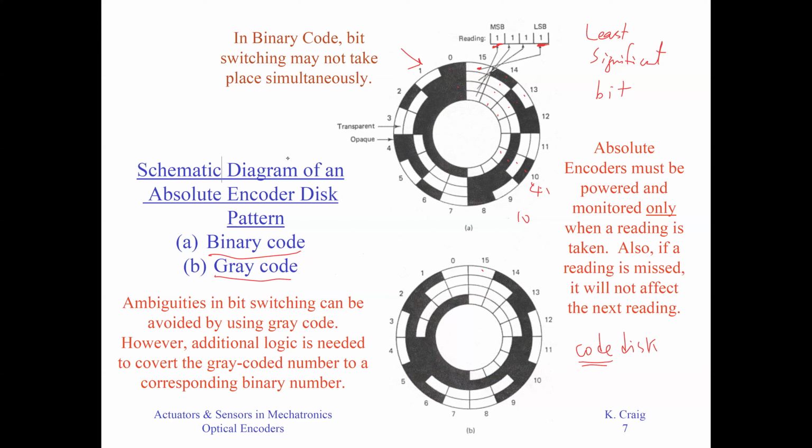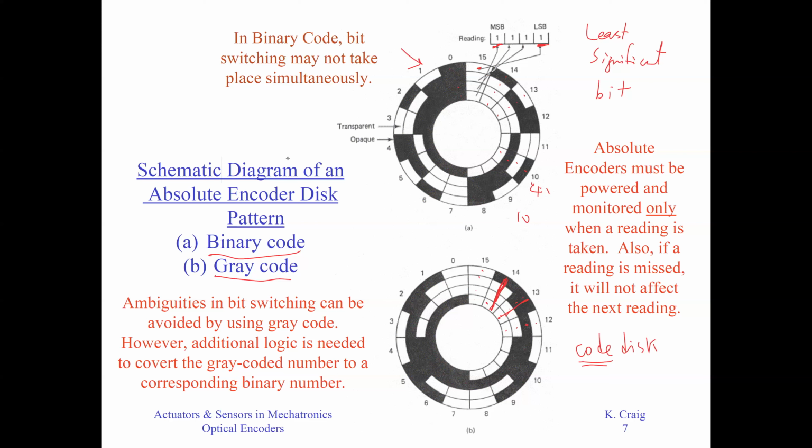So this is 1, 1, 1, 1. Then you can see 1, 1, 1, 0. But this one is not the same. It's 1, 1, 0, 0. Then 1, 1, 0, 1. What do you see as the difference? From this sector to this sector, there's only 1 bit flipping.